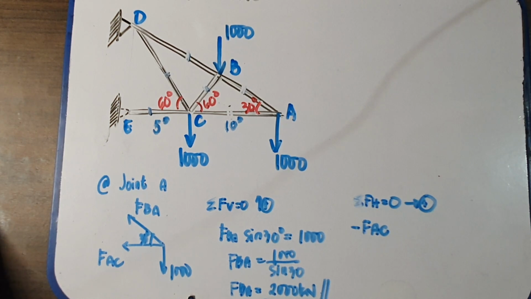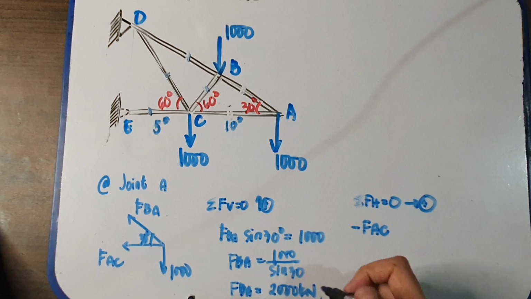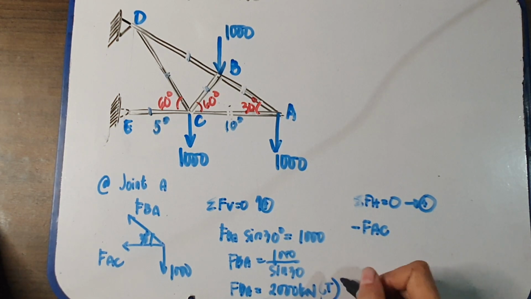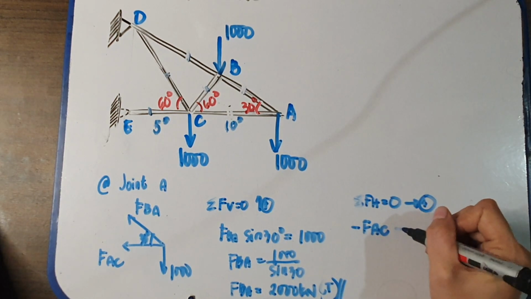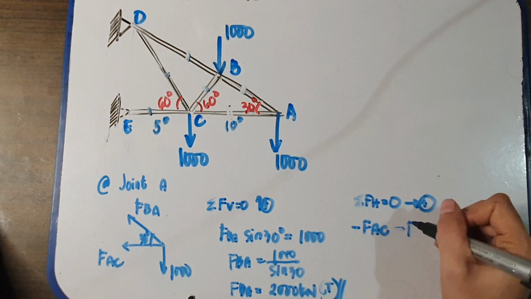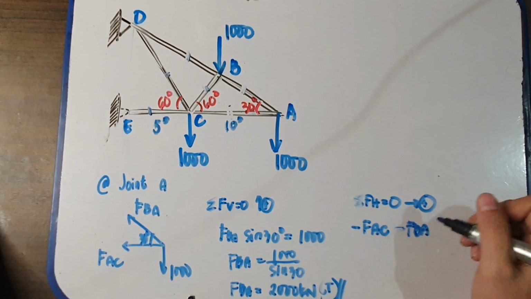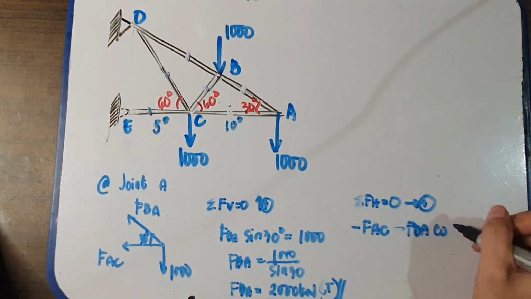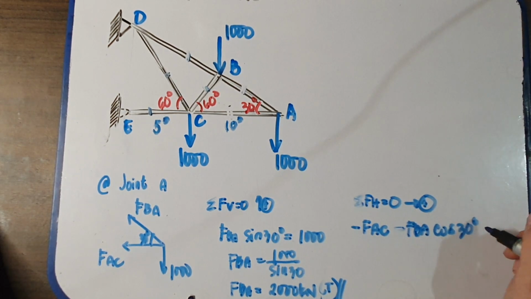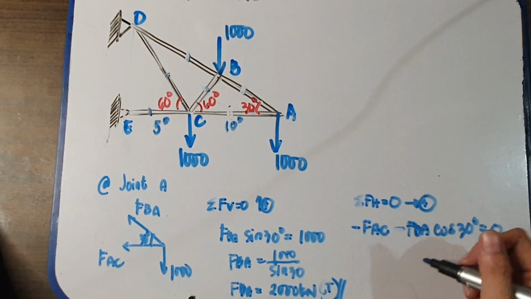Tension kasi nag-positive siya. So, ilagay natin dito tension. Next, FBA going to the left din. So, lagay natin minus FBA cosine of 30 degrees is equal to 0.